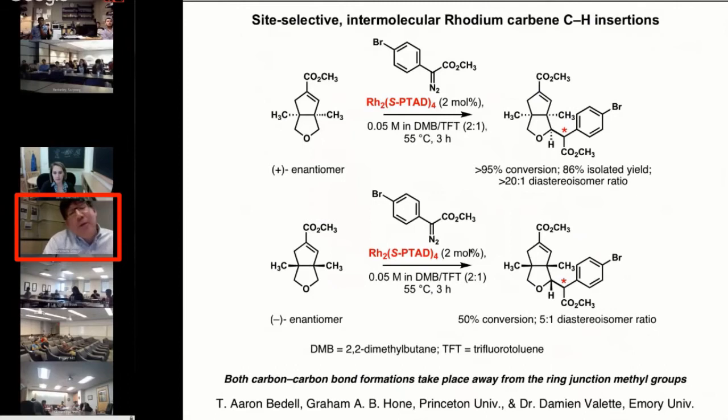The minus enantiomer will also undergo conversion to a product having a new CC bond, but it does so less efficiently, and the diastereoselectivity is not as good. But interestingly, both of the new CC bond formations were found to take place away from the ring junction methyl groups and actually toward the alkenes that you see in the substrates on the left. So next slide.